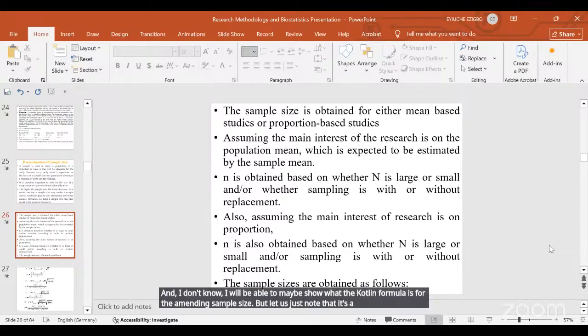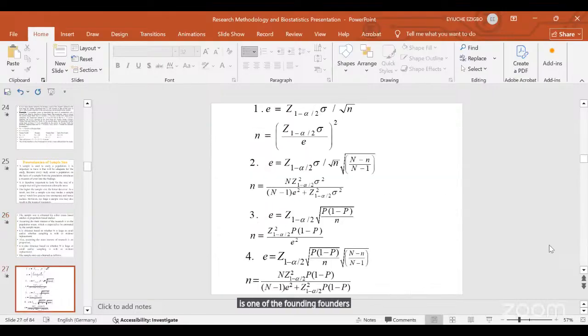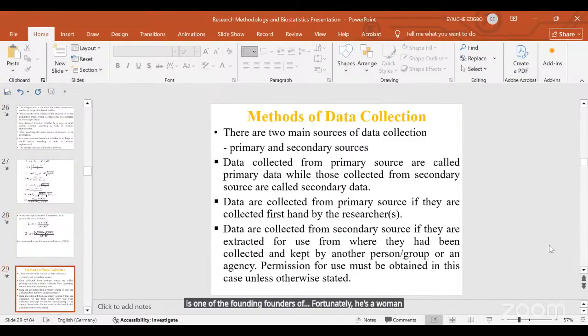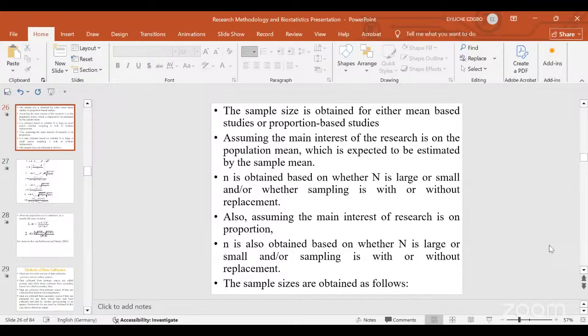Cochrane is the name. She is one of the founding fathers of sampling theory. She did so many works in sampling theory, and she came up with a method that is known as the Cochrane formula.